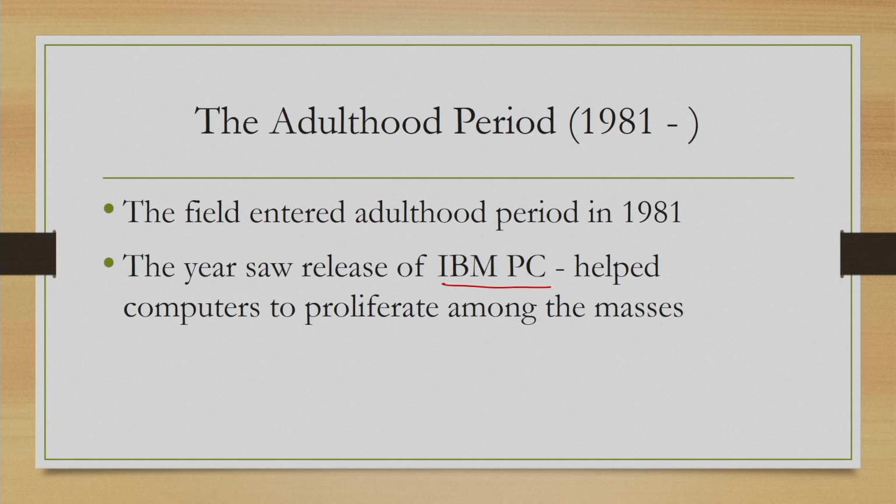Now, as we all know, after the advent of the PC or personal computers, computers became a mass product. Earlier it used to be confined to only a few people who are well educated, in an advanced stage of studies, and primarily do research or development work using this. But after the advent of the PC, it proliferated and became a mass product.